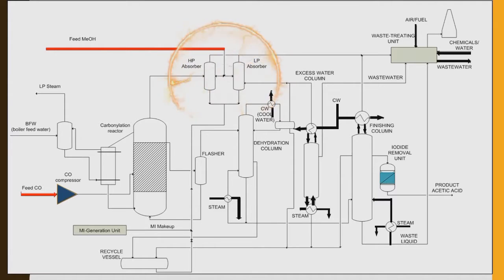while the fresh methanol is fed into the absorber. The fresh methanol is split into two streams, each of which is fed to a separate countercurrent high pressure absorber and low pressure absorber.